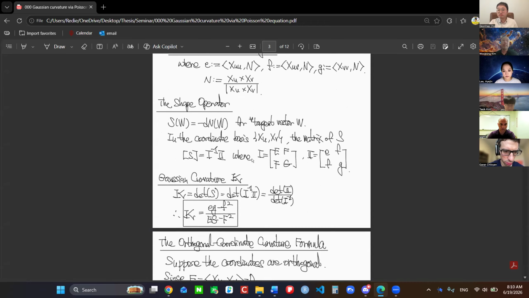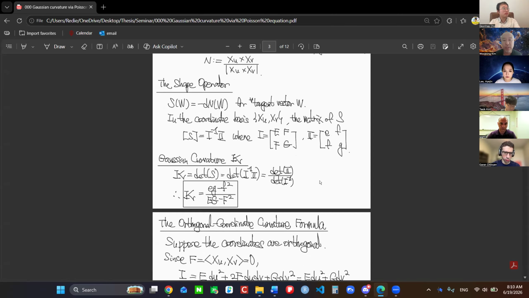So in the coordinate basis xu, xv, the matrix of S is represented by the first fundamental form inverse times the second fundamental form, where the first fundamental form is the matrix [E F; F G], and the second fundamental form is [e f; f g]. How can you find the Gaussian curvature using the shape operator?